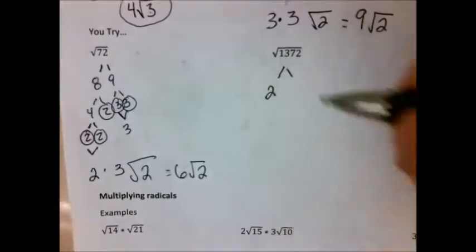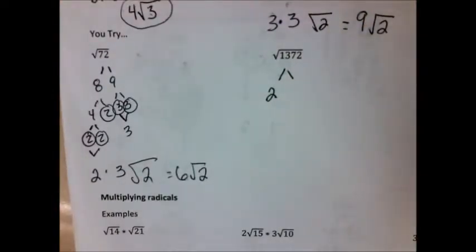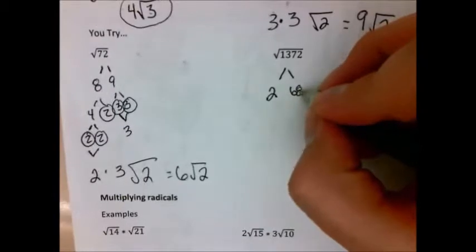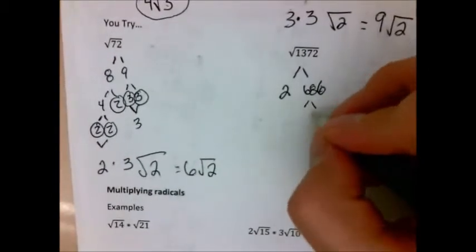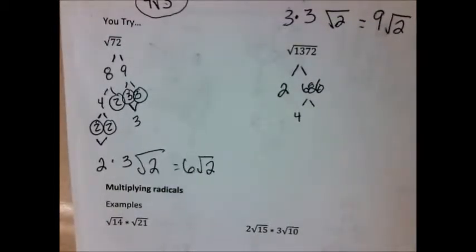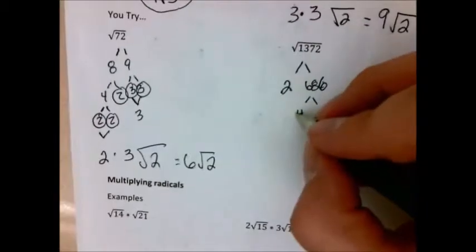Alright, let's say this divides by 2. Okay, so we get 686. Alright, I'm going to try to break this down by 4 now. Let's just see if that works. Nope, 4 does not work. So you can't do 4.